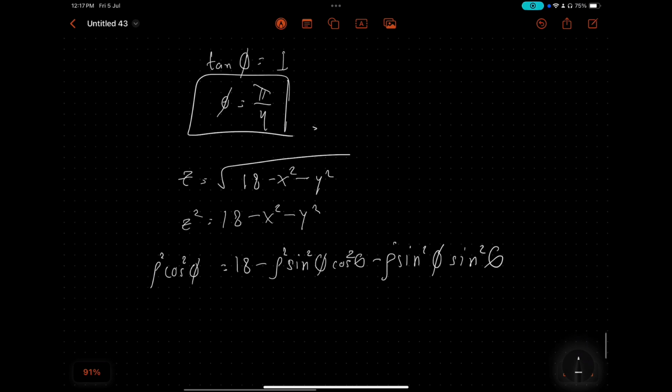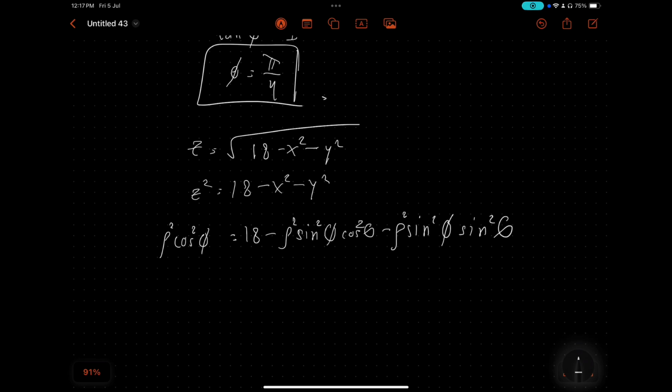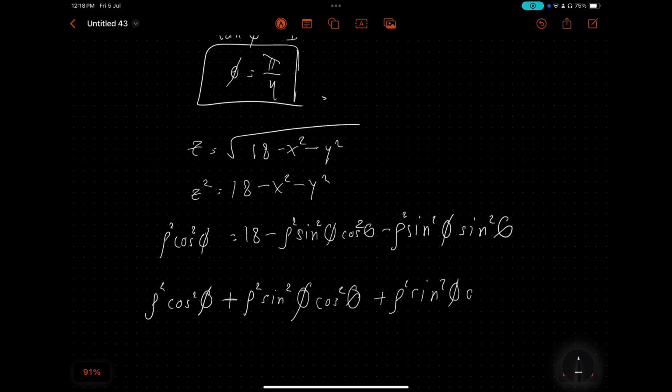And now basically I can take here rho squared cosine squared of phi plus rho squared sine squared of phi. Okay, I think we're going to have our cancellations here. So rho squared sine squared phi cosine squared theta plus sine squared theta equals 18.